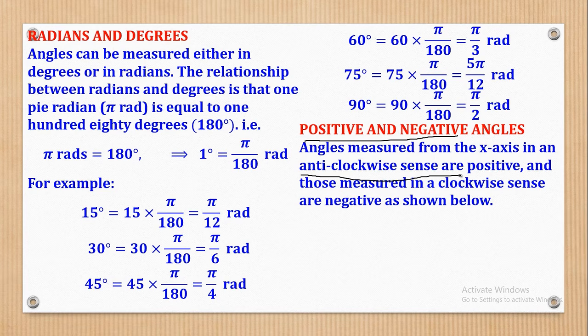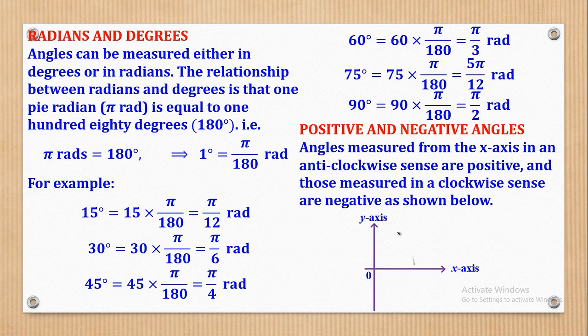If you measure that angle starting from the x-axis but going in an anti-clockwise direction, then that angle will be positive. But if you measure it from the x-axis going in a clockwise direction, that angle will be negative. For example, if I have this x-axis and that is the y-axis, I measure from this side going this side, that angle will be positive.